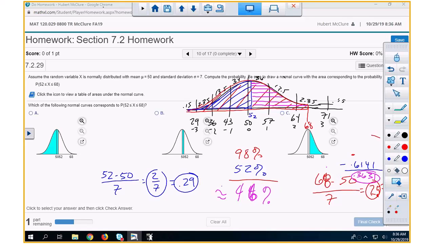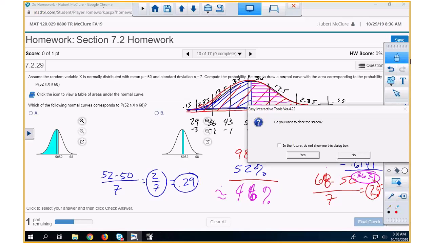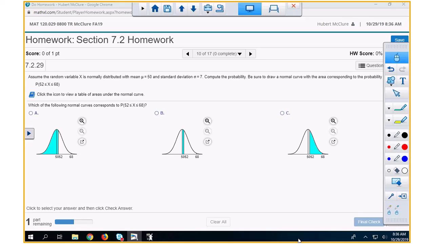Got 2.57. What's the area? That's why I don't hit yes. For those of you that always say hit yes. 0.9949. Just forget it now. It's already erased.